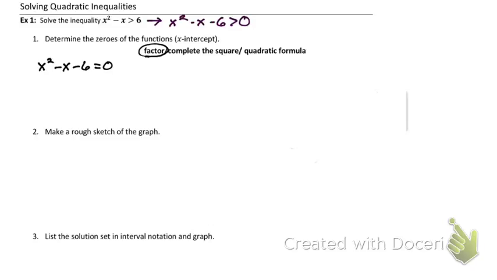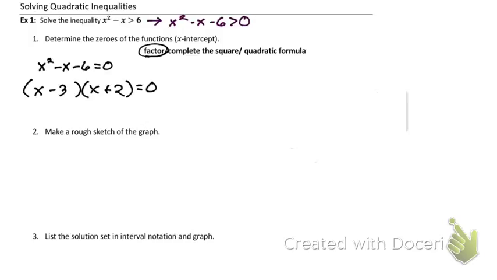It is factorable, which means we're going to have a binomial times a binomial equals 0. We have x starting out to give me the x squared. It's either going to be 6 and 1 or 2 and 3. Yeah, it's negative 3 and positive 2, because negative 3 times 2 is negative 6, and negative 3 plus 2 gives me my negative 1.